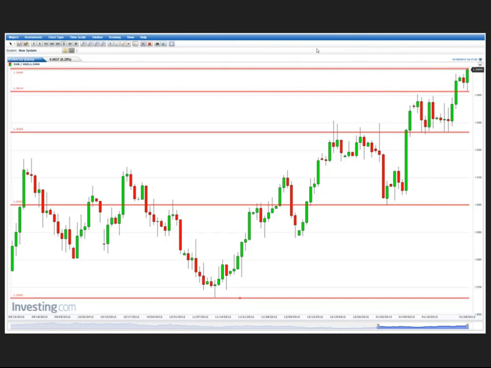From that 2660, we have risen all the way up to almost 135. So if you round it off and just say 27 to 35, you can do the quick math. That's 800 pips, ladies and gentlemen, 800 pips in less than 3 months. Now, we do know that the euro only moved about 1,700 pips all of 2013. But in the last almost 3 months, we've moved about 800 pips.